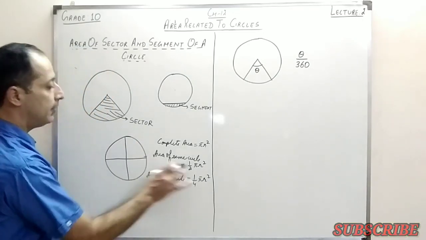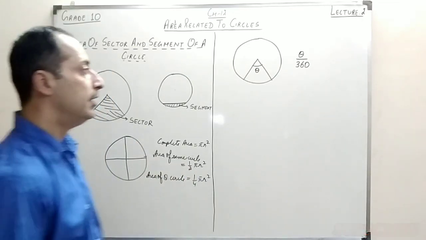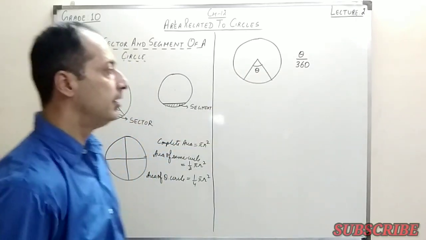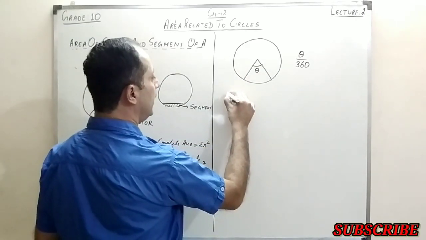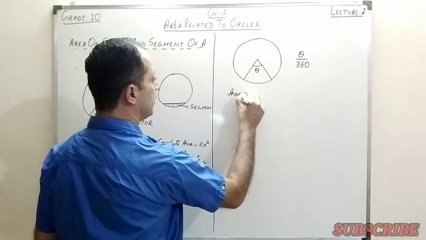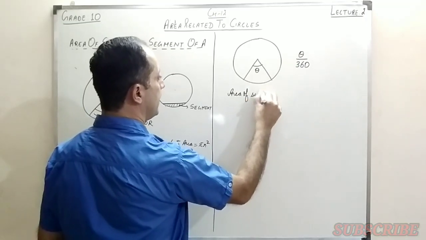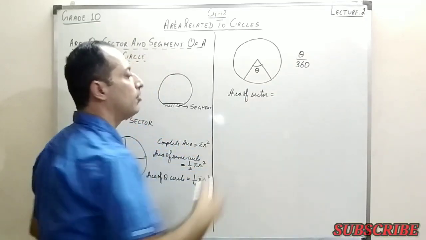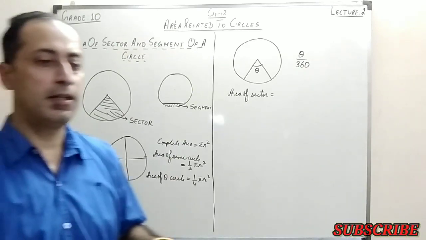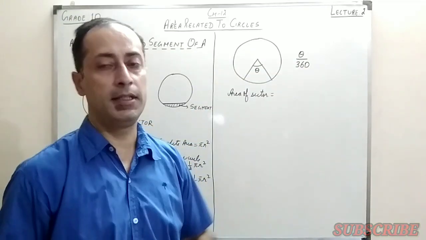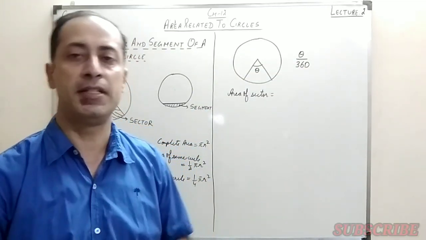This was half, so this was 1/2 pi r square. Now we get a definite relation. Area of sector. When I talk about a sector, we will be talking about the minor sector only. But when we talk about the bigger one, we will say major sector, right?